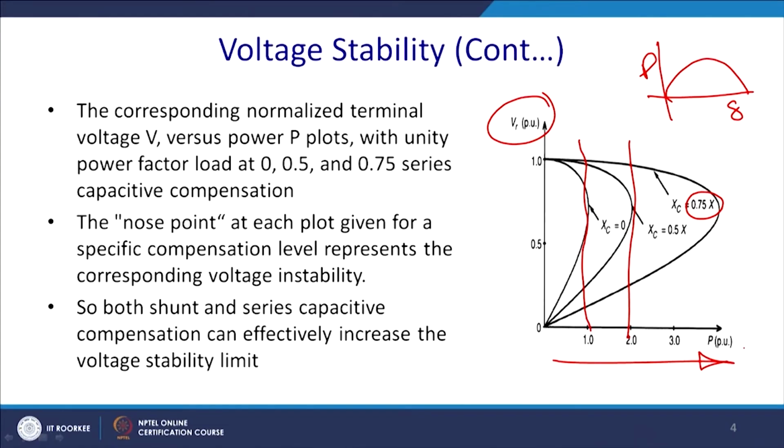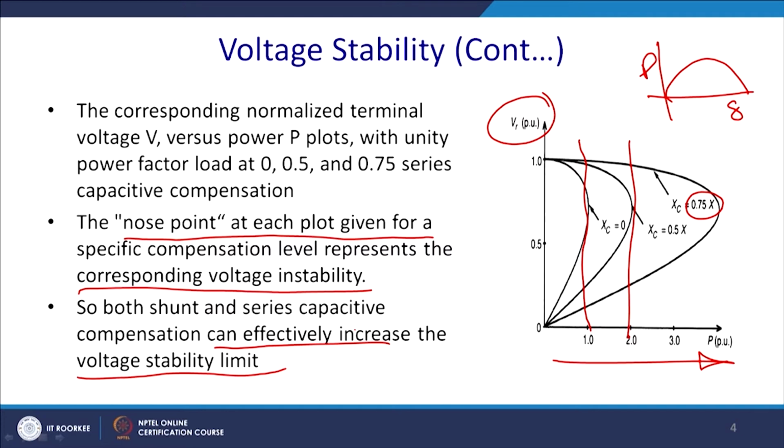You can see that straight away power is increased without any change in the voltage rating. The nose point of each plot given for the specific compensation level represents the corresponding voltage instability. So, this is something we require to discuss. Both the shunt and the series compensation can effectively increase the voltage stability.